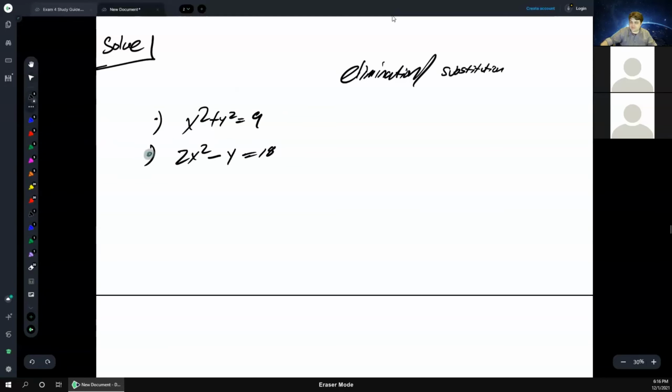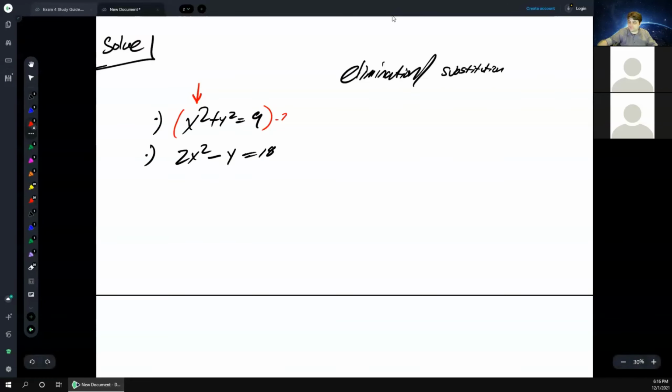I'm going to use elimination on this one. But we have to be very careful here. We can't eliminate the y variables because y squared and y are not like terms. So instead, we are going to eliminate the x variables because these are common terms. So we need to do a little bit of manipulation here. I want these to be the same value but opposite signs.